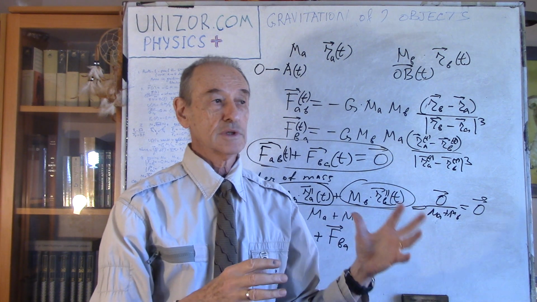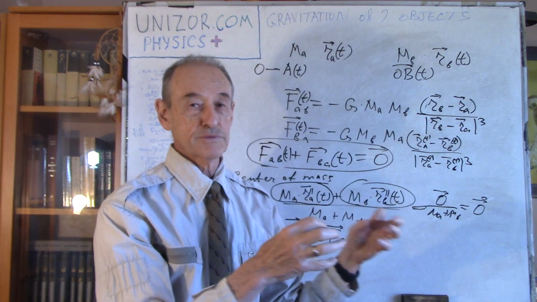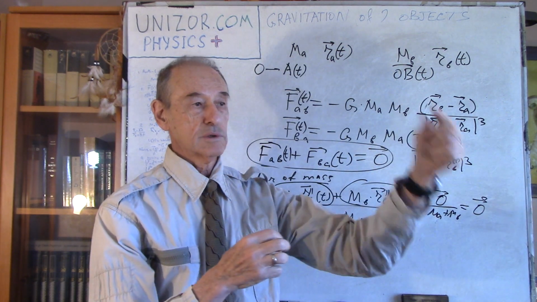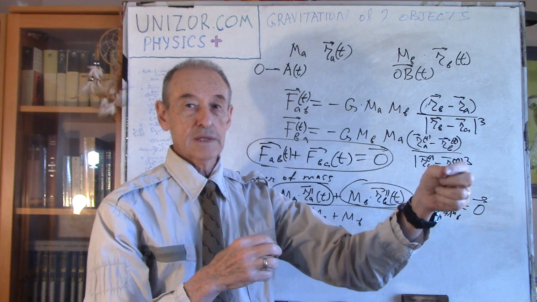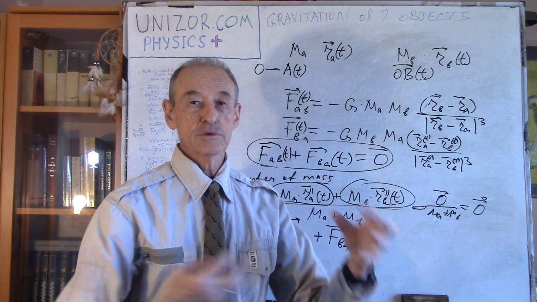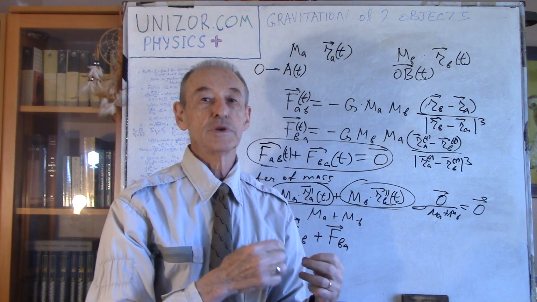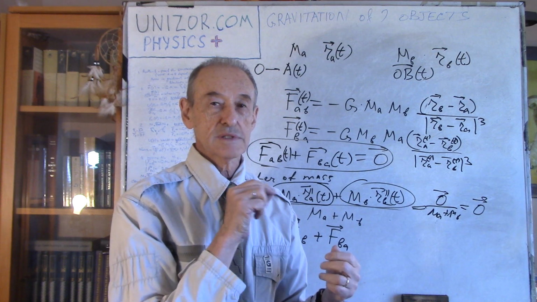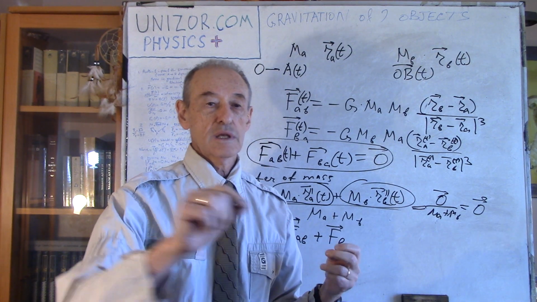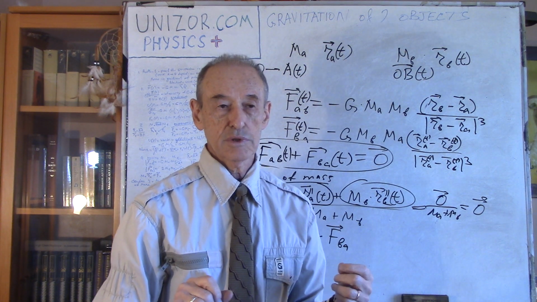So we had two different kinds of problems. One is with two fixed objects, and we were measuring the gravity at some point, or we just have two objects moving around each other, and we have proven that they're actually moving in such a way that the center of mass is moving along a straight line with constant velocity.